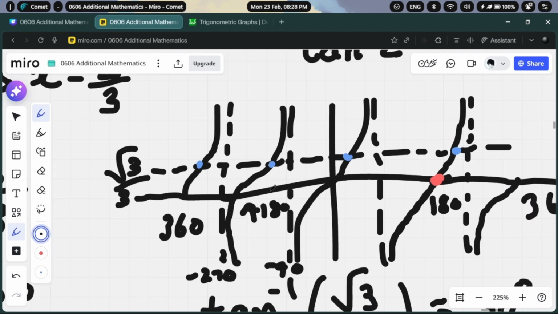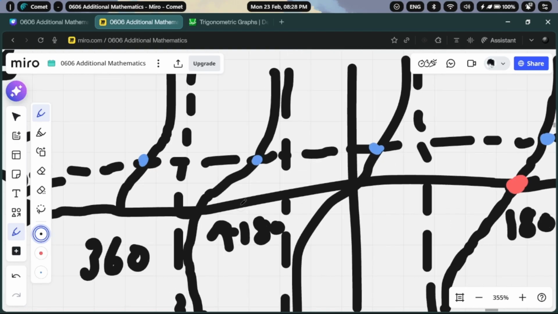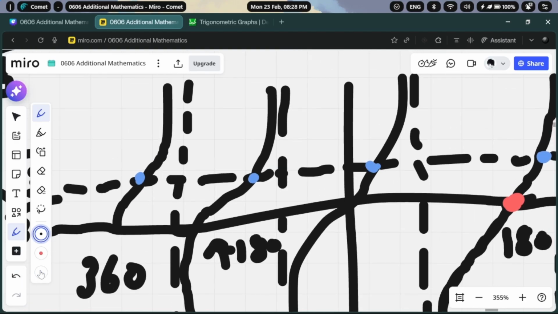It's quite difficult to tell, but yeah, this is minus 180. Since this is minus 180, this entire length, or you can think about it as the x coordinates, would be 30 units apart.